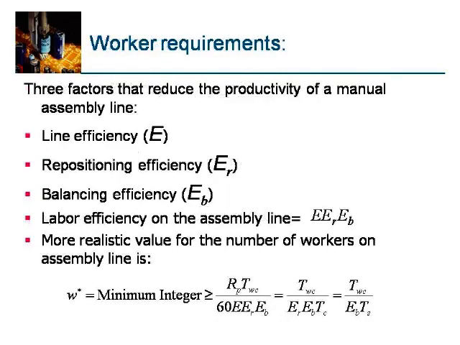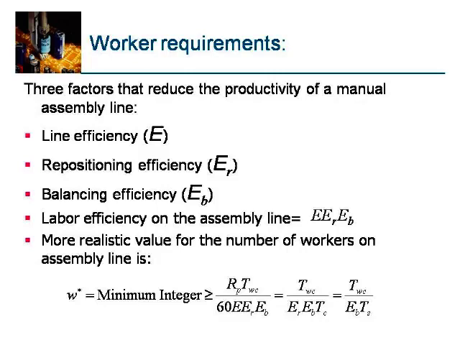The three factors that reduce the productivity of a manual assembly line are line efficiency E, repositioning efficiency ER, and balancing delay EB. Labor efficiency on the assembly line is the product of E, ER and EB.